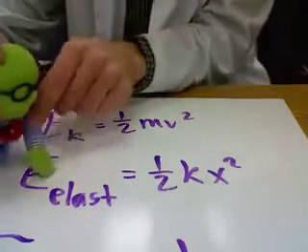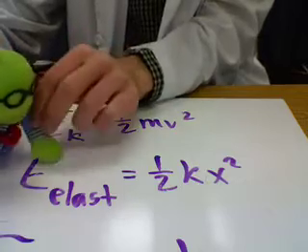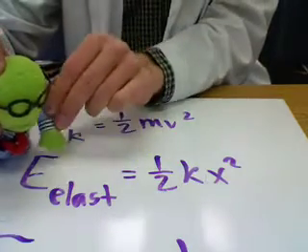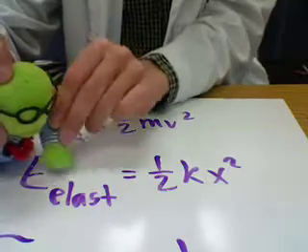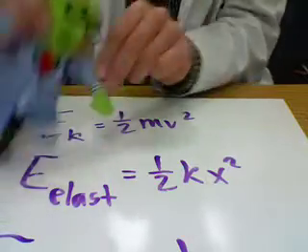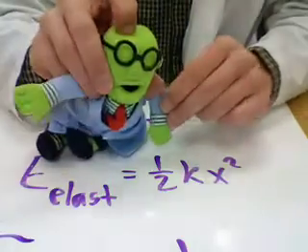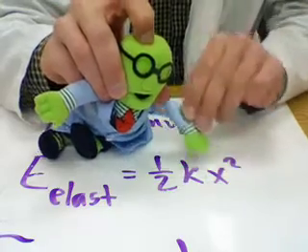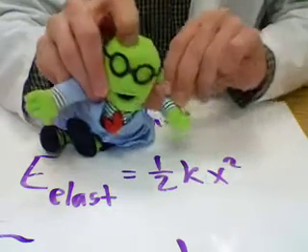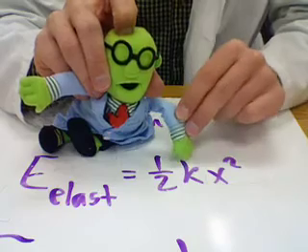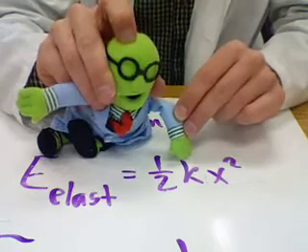Okay, this one right here is elastic potential energy. E for energy, elast for elastic. Notice that's calculated by just doing 1/2 times K times X squared. K stands for how strong the spring is.